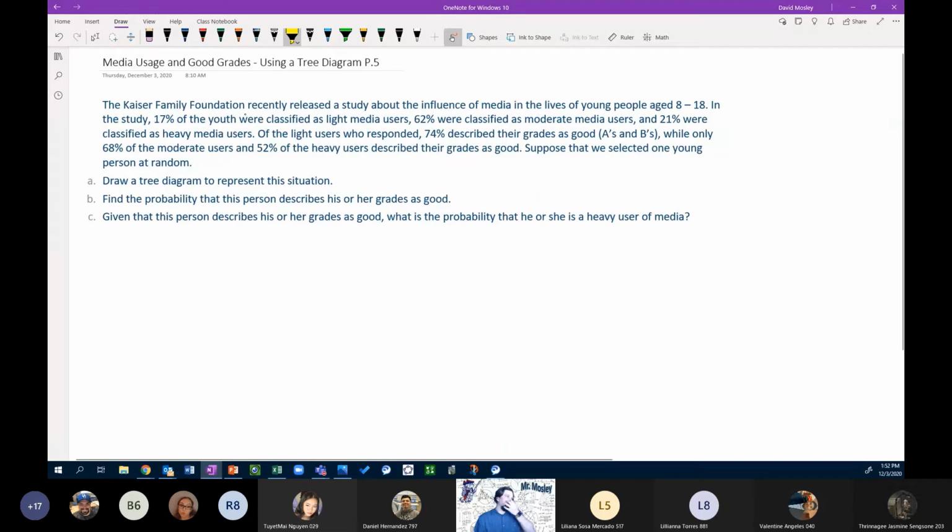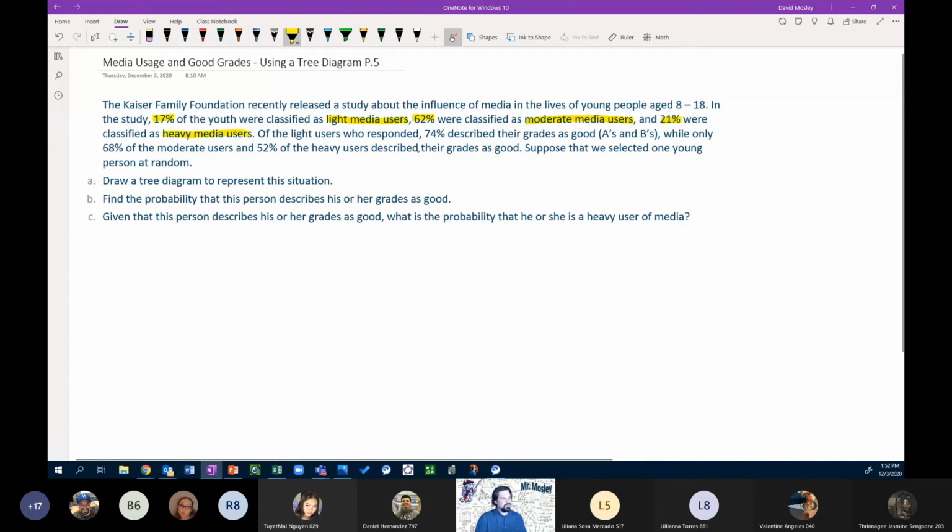So the Kaiser Family Foundation recently released a study about the influence of media in the lives of young people aged 8 to 18. In the study, 17% of the youth were classified as light media users. 62% were classified as moderate media users. 21% were heavy media users.